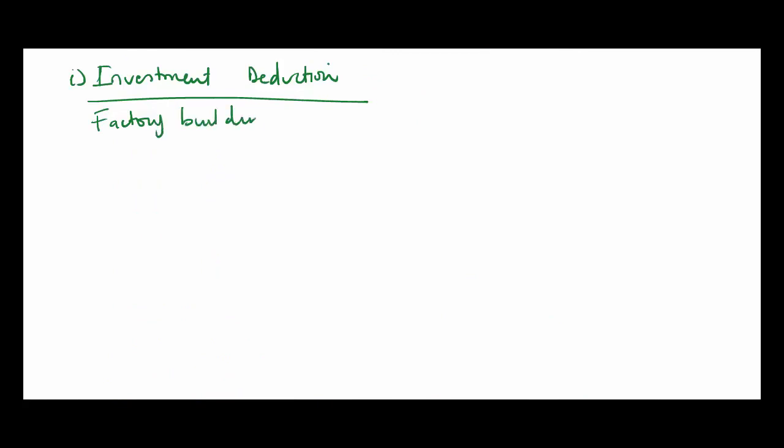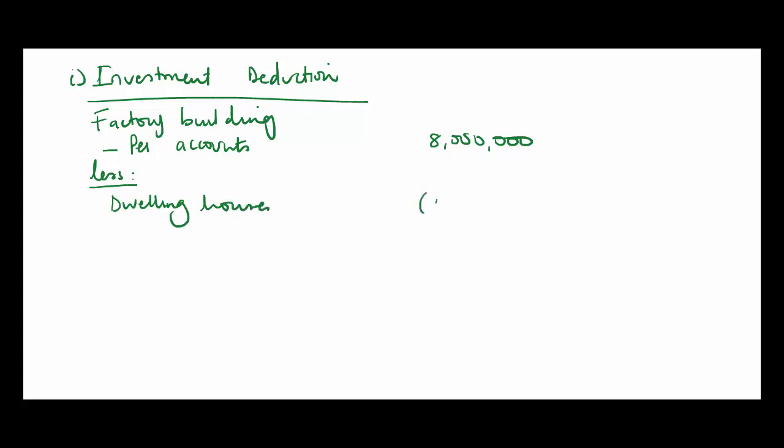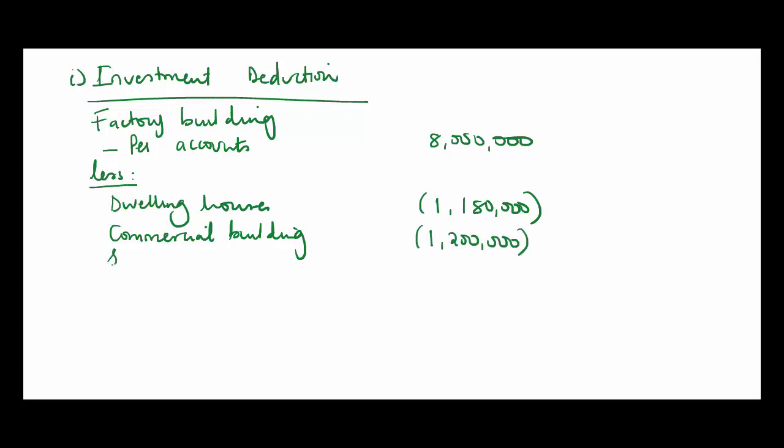So factory building, the initial amount was 8 million, so we now less the dwelling house, the commercial building, the shop, and the showroom.